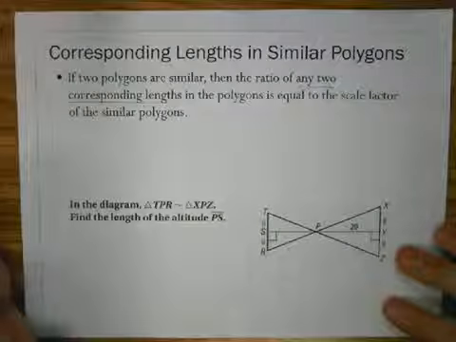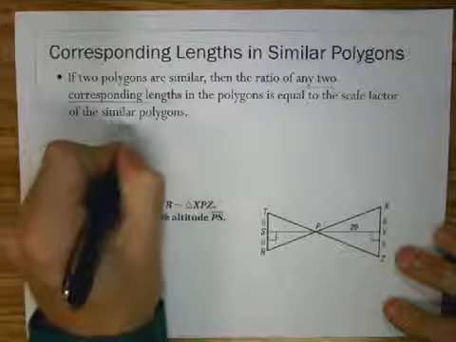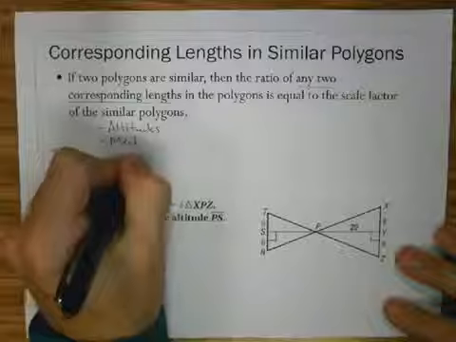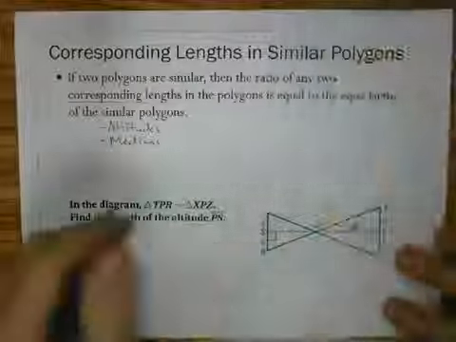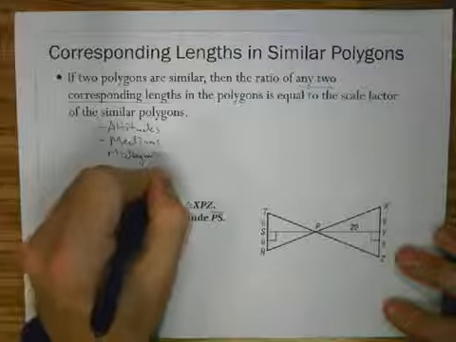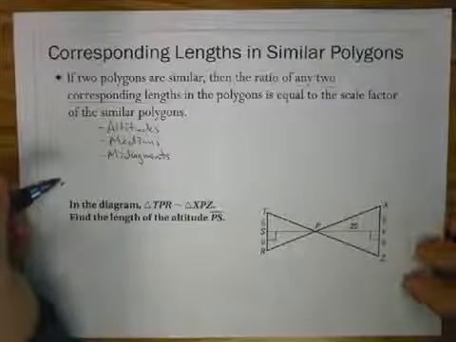Our last part here is, so far we've talked about the side lengths matching up. We've talked about the perimeters matching up to the scale factor. Last, we just get a little more general. If two polygons are similar, then the ratio of any two corresponding lengths in the polygons is equal to the scale factor of the similar polygons. So we've talked about sides. We've talked about perimeters.